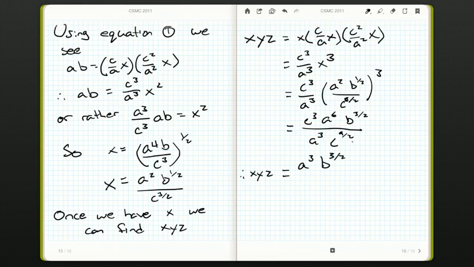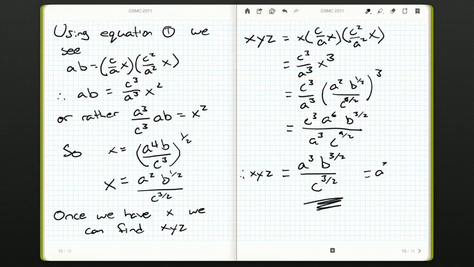That's bigger than 3. So we're going to be left with C on the bottom. And 9 divided by 2, so 4.5 minus 3. It's going to be 1.5. So it's C to the 3 halves. So that's one way you could write it.